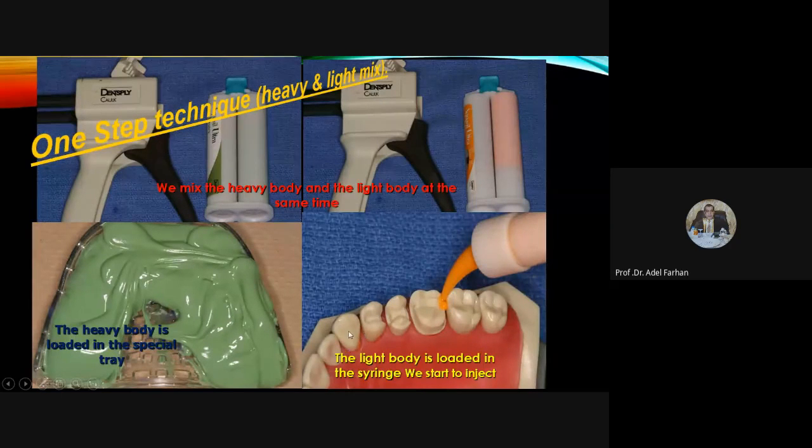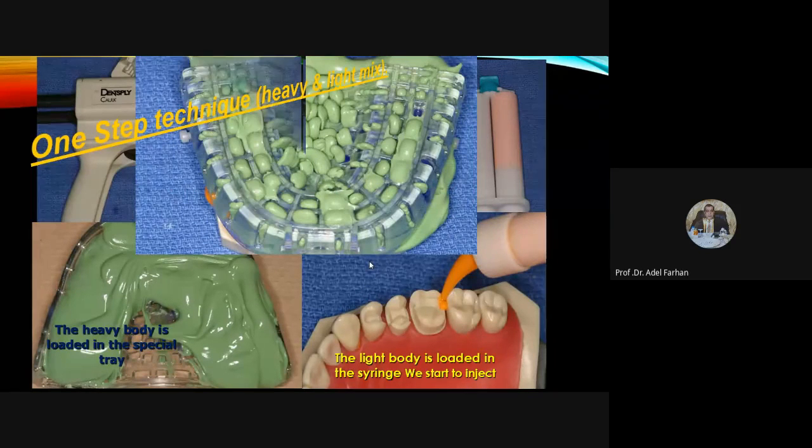Okay. Then after you inject the material, you're going to seat the heavy impression material that you loaded in the tray.